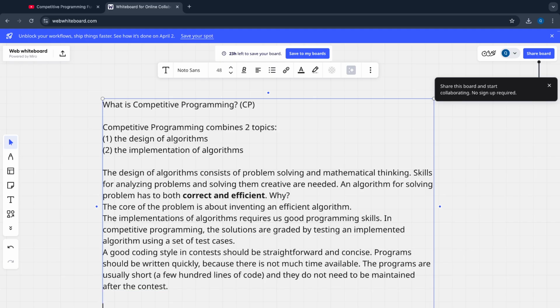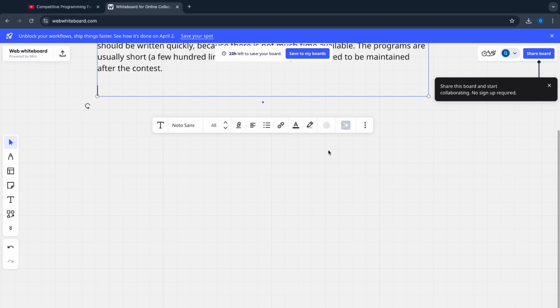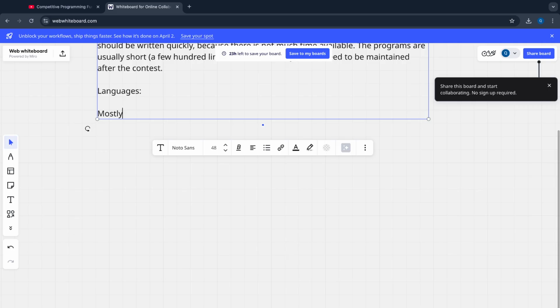The next thing is programming languages. Okay, according to statistics, mostly 79% of users prefer the C++ language, although there are also other languages like Python or Java.